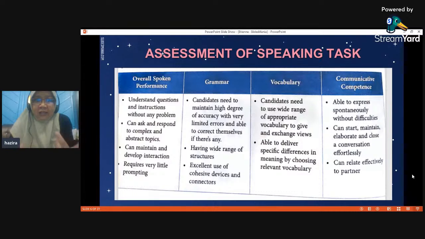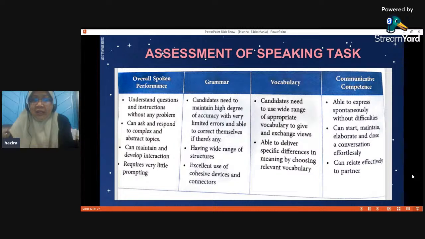you can understand questions and instruction without any problem. You can ask and respond to complex and abstract topics. And you can maintain and develop the interaction between you and your partner.